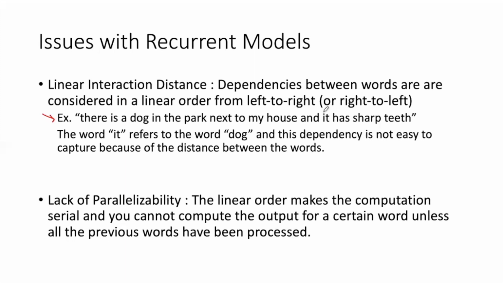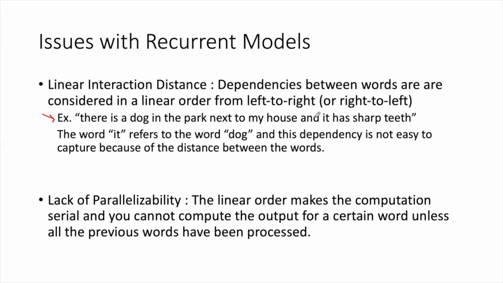Here, the word "it" refers to the word dog, and there are a lot of words in between "it" and dog. So it's pretty difficult to carry such a dependency of dog to it. Although there are some techniques like LSTMs and GRUs which help us, still it's not possible to capture it.